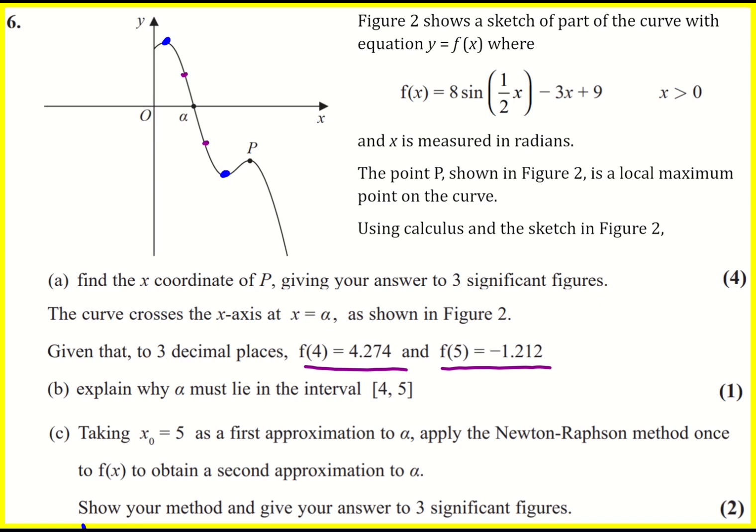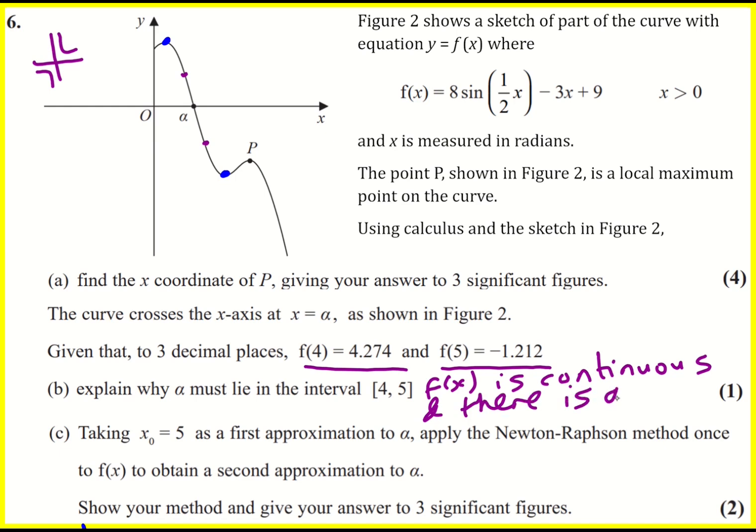So we just need to write that down. So f of x is continuous. That bit is important because you can have functions that jump, such as 1 over x, which jumps from negative to positive. There is a sign change, but it's not continuous, so there's actually no root. So f of x is continuous, and there is a sign change.